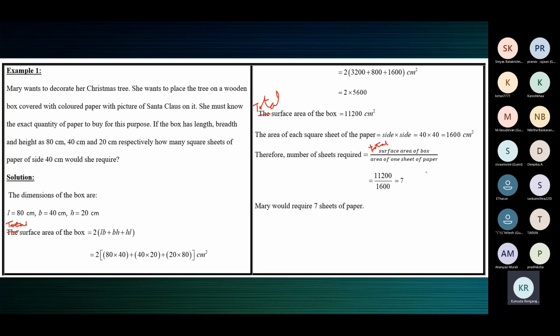So I'm just recalling the steps: the TSA of the cuboidal box, the area of one sheet of paper, then divide to get the number of square sheets.